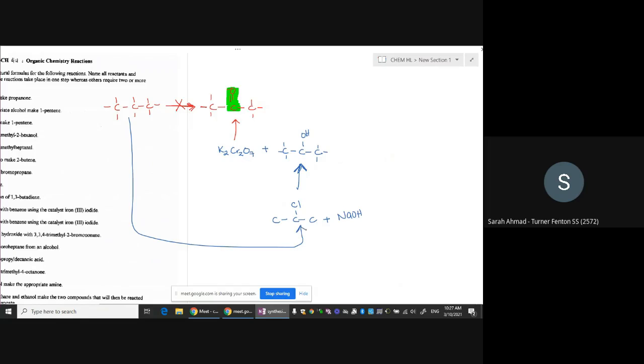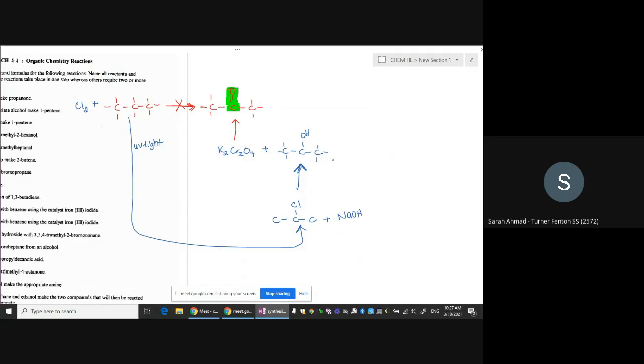Well, if you guys think about it, if I take UV light and I react this with chlorine, I'm going to have free radical substitution where it will go on all different carbons, but I can isolate for this one, can't I? And so now I can take this route and I can make the alcohol by substitution and then oxidize it. So there's 1, 2, 3 steps.